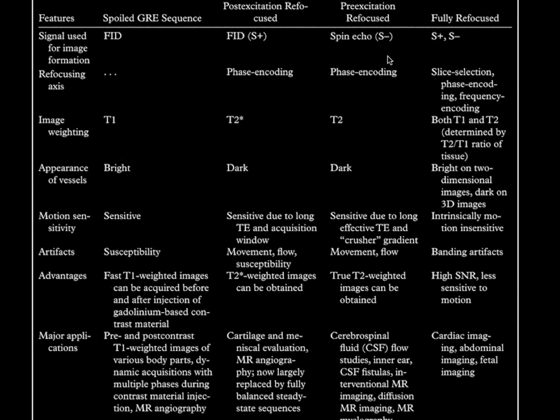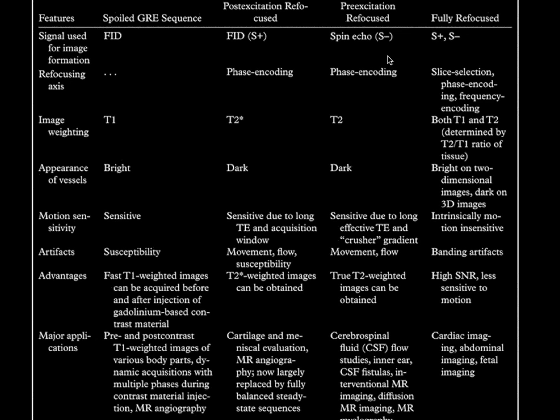So we use these sometimes in joints, especially after contrast administration for gadolinium to get high 3D resolutions of the joints. We can get them in the cervical spine to try to get high resolution of the neuroforamina with fluid in the CSF being bright.